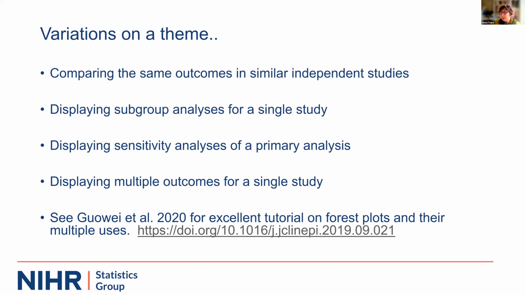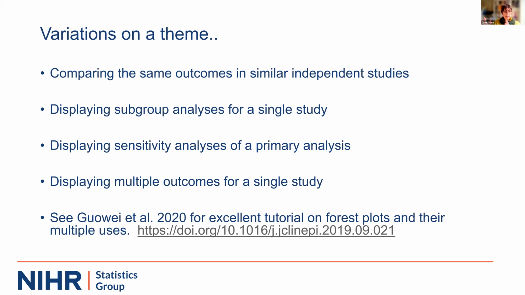I've also seen examples where you can look at multiple outcomes for a single study. Alice was pointing out how it's important whether you have a continuous outcome or a binary outcome, because you summarize and analyze these in different ways. But in particular studies, you might have multiple outcomes being measured, so there may be multiple questionnaires, for example.